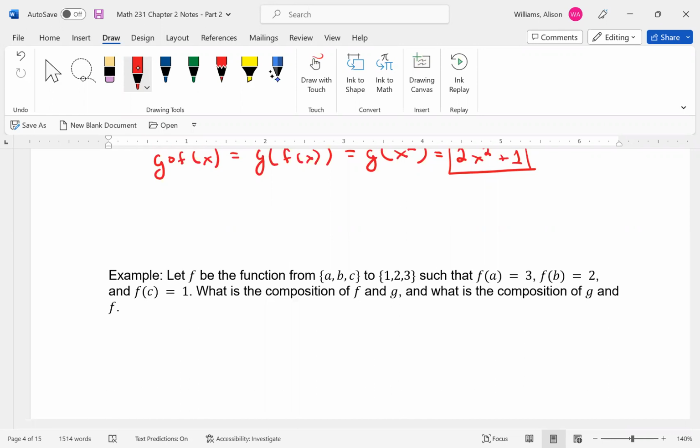Now they want us, oh, I just realized they didn't give us G. No, I didn't give you G. So here, let me give you G. We kind of need G, all right?